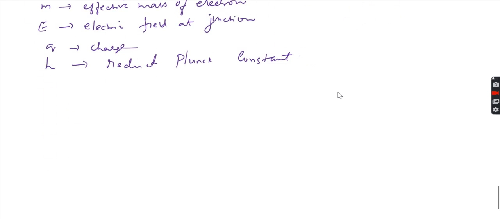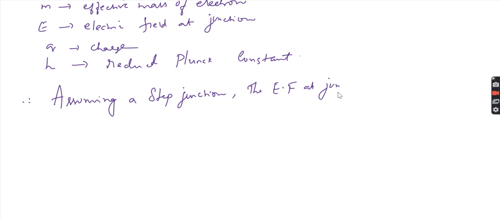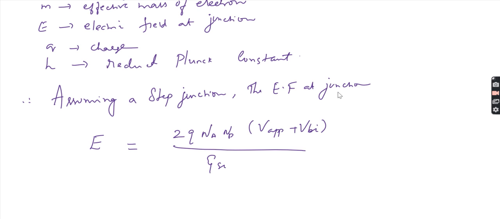So assuming a step junction, the electric field at the junction is given by E equal to root of 2q N_A N_D into (V plus phi_bi) divided by epsilon_Si into (N_A plus N_D). Here N_A and N_D are the doping concentrations in the P and the N side.